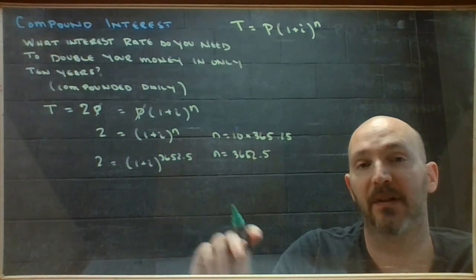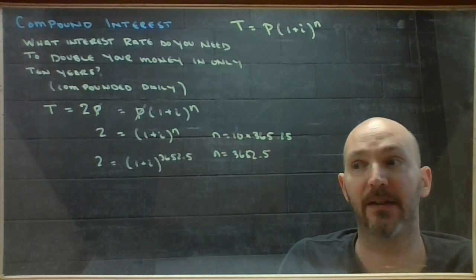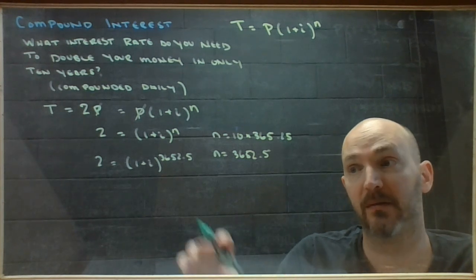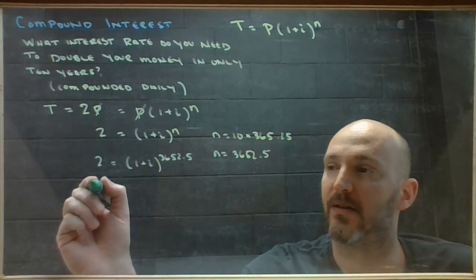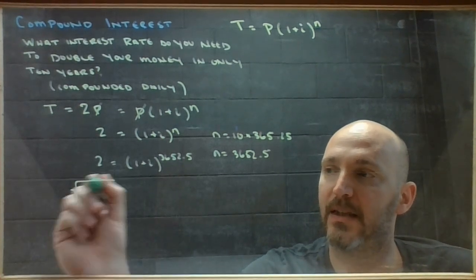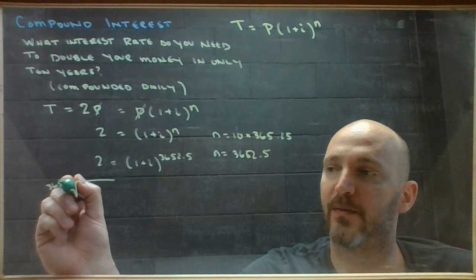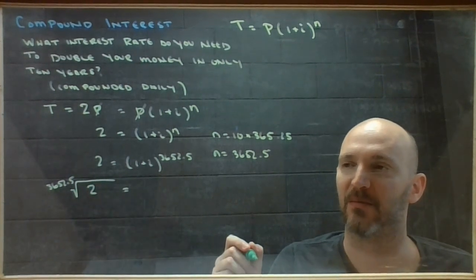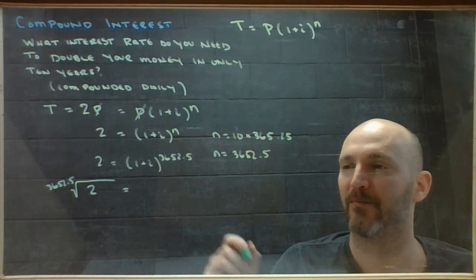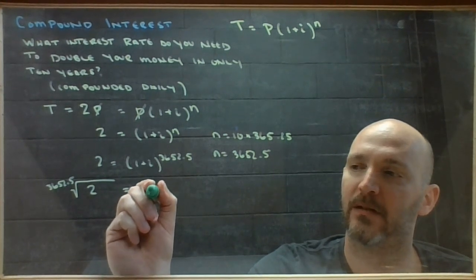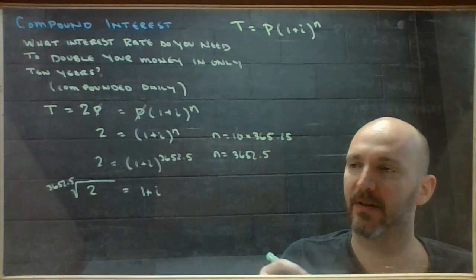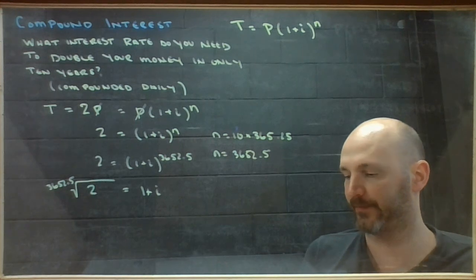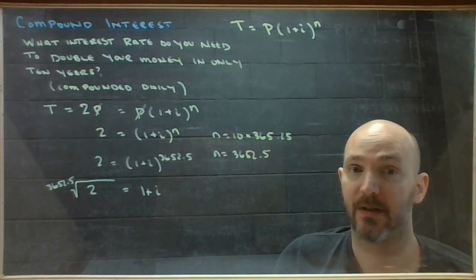I have a number up in an exponent and a variable in a bracket. I need to use a radical or a fraction exponent to undo this. So I need the 3,652.5th root of 2. That sounds really stupid to say. Give me 1 plus my interest rate. So you find your generic root there, and it will allow you to enter decimals.